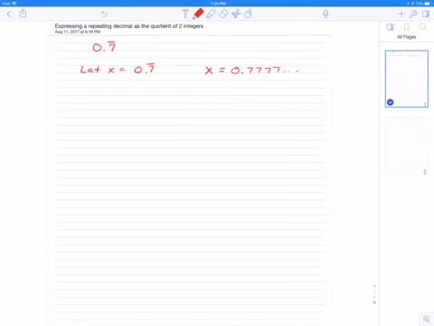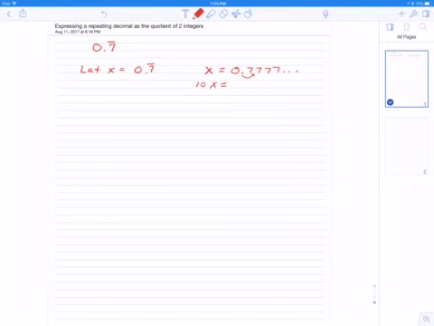My next step is to multiply this new equation by a power of 10: 10, 100, 1,000, whatever it takes to move the decimal point behind one complete repeating block. Well, a complete repeating block is just a 7, so I need to move it one place. To move a decimal point one place, I'll multiply by 10.